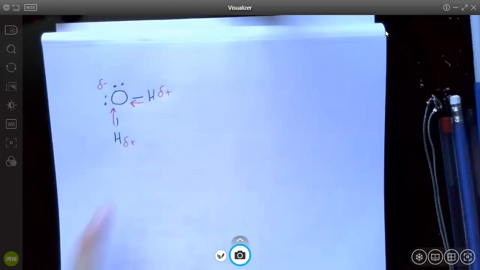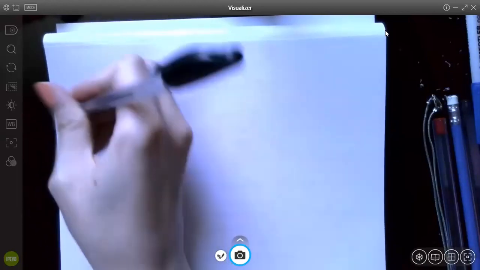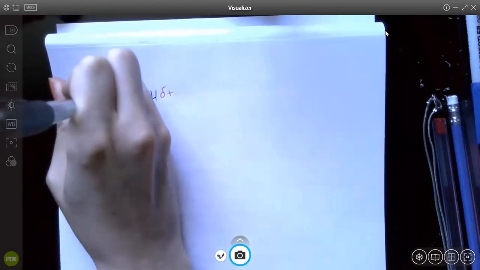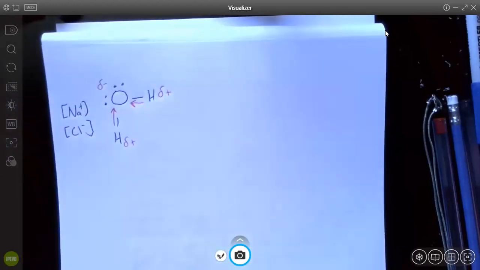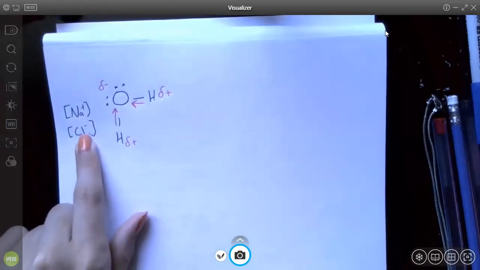Okay, first, just to go back to our water molecule for a second. So if we had, say, some sodium, so Na bonded to a Cl, the sodium would be positive, the chlorine would have a negative charge.